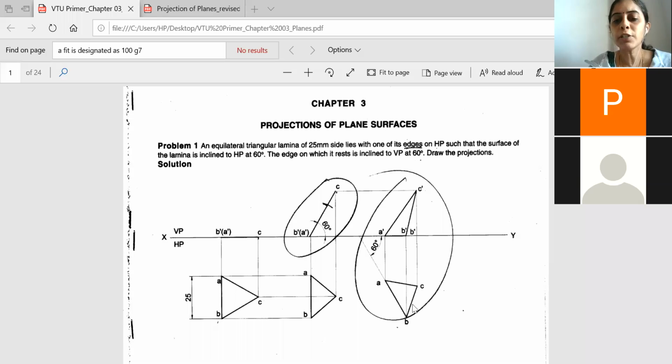Then you will just draw a line, B to C, and cut an arc. Similarly, you will measure the distance from A to C and cut an arc. Where it intersects, you will join it as A to C and B to C. So now you have inclined the edge which was resting on HP to the 60-degree line.